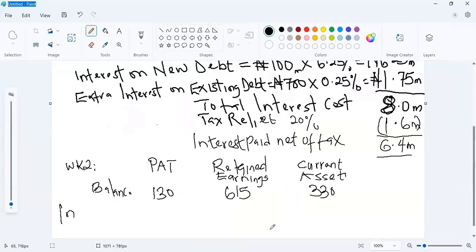Interest paid. By paying interest, net of tax, this will reduce our profits by 6.4. Of course, our profit is part of retained earnings. The interest will also reduce our retained earnings.